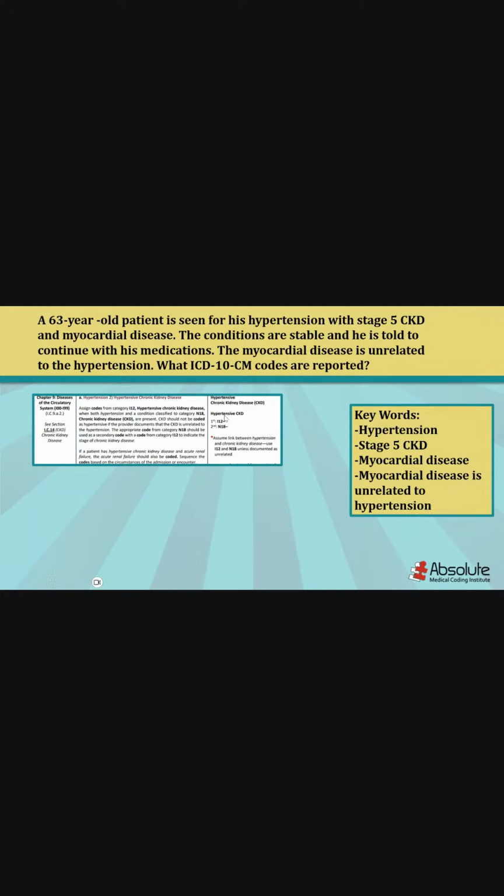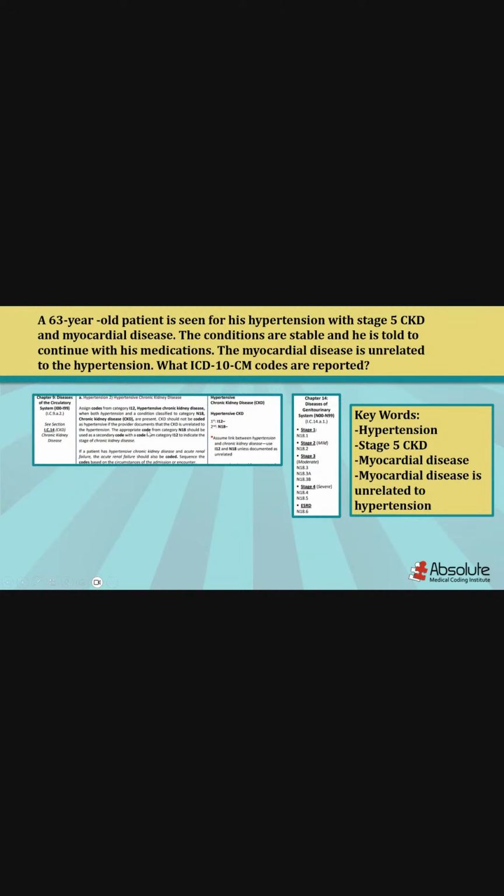So following these guidelines in this sequencing, first we are going to take a code from category I-12. We're also going to be focusing after that on a category from N18. And then right here on the far left, it says section IC14, chronic kidney disease.